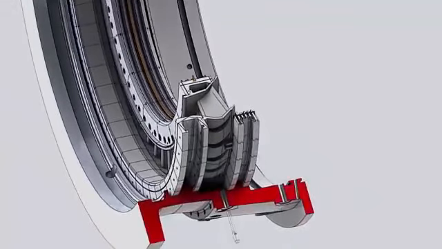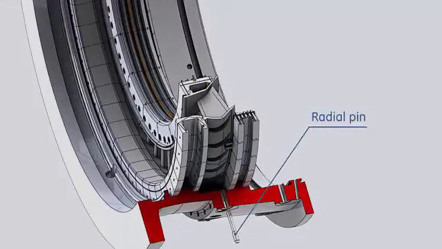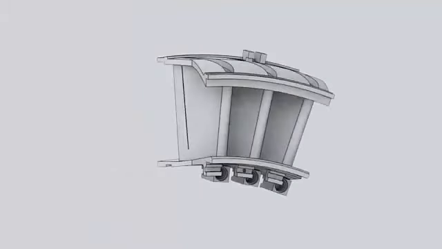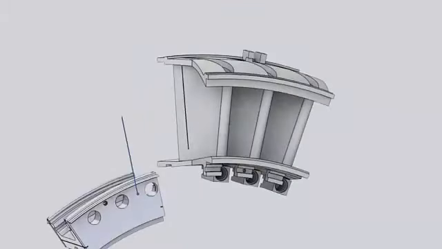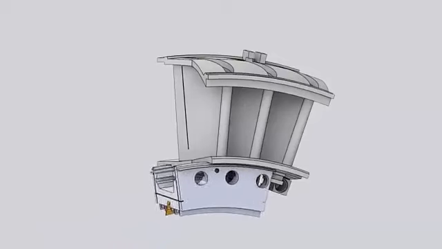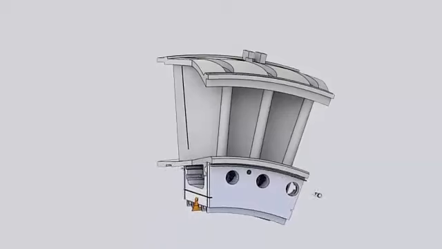The nozzle segments are held on the circumferential position by radial pins from the turbine shell into axial slots on the nozzle outer sidewalls. Annular curved segments are attached to the inner sidewall of the nozzle. These segments are called the diaphragms. Each diaphragm is secured to the nozzle by a pin.